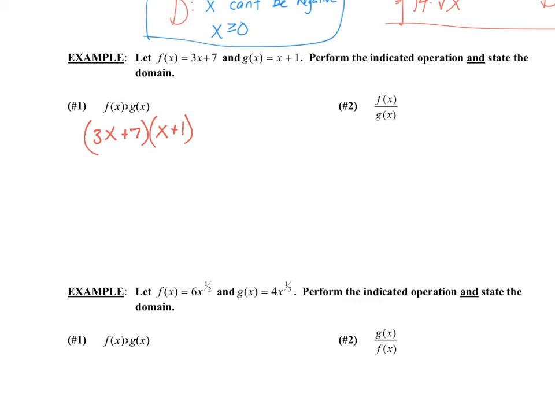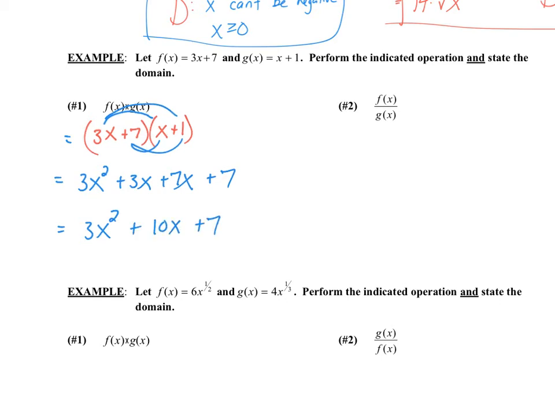And then we'd multiply these out, which would be foiling. 3x times x is 3x squared. 3x times 1 is 3x. 7 times x is 7x. And 7 times 1 is 7. Combine like terms, we would get 3x squared plus 10x plus 7.